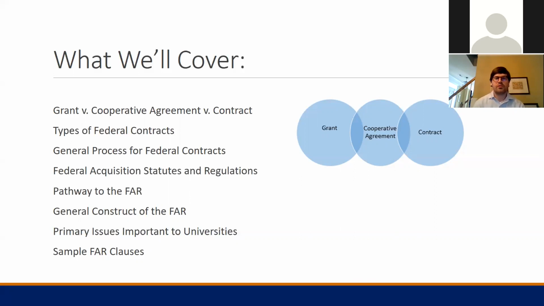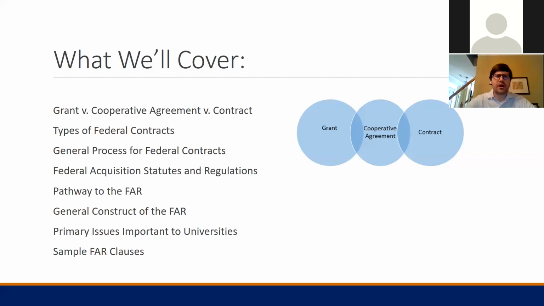And so there's obviously connections to pre and post award in the contracting realm, and we'll touch on that piece as well to hopefully connect where this sits with the broader view of research administration in general in the context of working with the federal government.